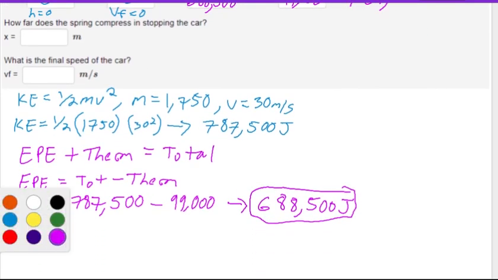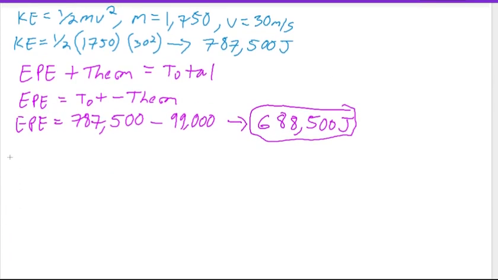Next, it wants me to figure out how far the spring compresses. So the spring compressing is at the end. So I'm going to use my EPE equation because that's the one that's going to have the distance that it compresses. We know that EPE is equal to 1/2 kx squared, where x is the distance that it compresses. So all we need to do is manipulate this to solve for x. So let's do that first. Let's multiply by 2, divide by k.